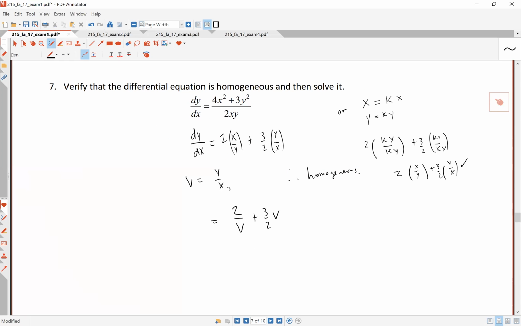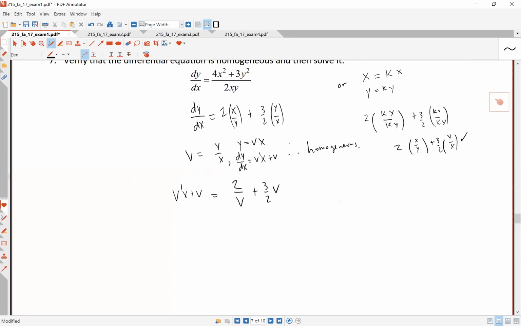But the problem is if v is y over x, then y is equal to vx, and dy/dx equals dv/dx times x plus dx/dx times v. So that's what we have over here. Now v prime x plus v equals 2 over v plus 3/2 v. All right, now we should have a separable differential equation.